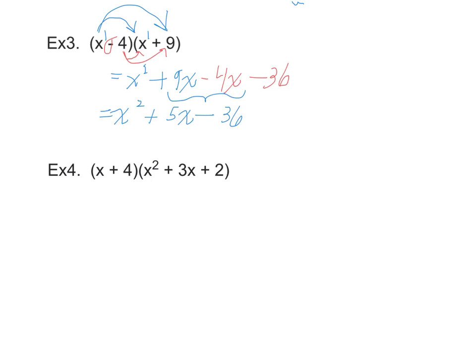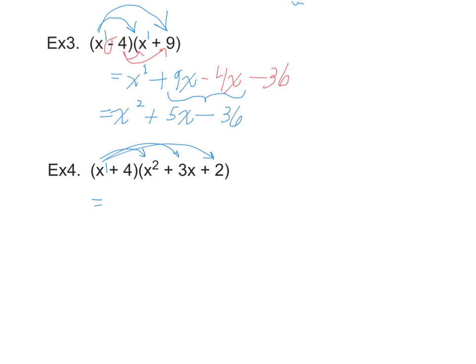This next example takes it one step further. I have a binomial times a trinomial. There'll just be more work. I need to distribute this first x to all 3 parts. X to the first times x squared. Those are like bases, so we add the exponents.